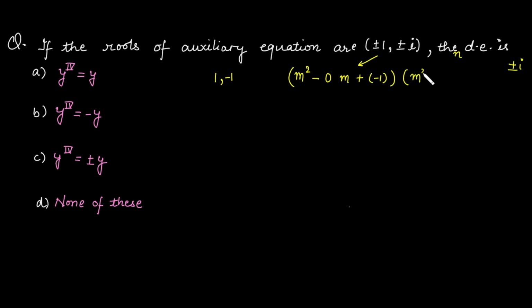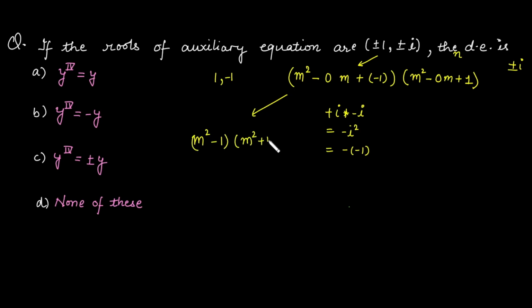So m square minus, what is the sum of these two? That is 0 into m, plus iota into minus iota. So this is minus iota square, and the value of iota square is minus 1. So minus of minus 1 is plus 1. Simplify this one, we have m square minus 1 into m square plus 1. So it is like (a minus b)(a plus b). Apply that formula, that is a square minus b square.